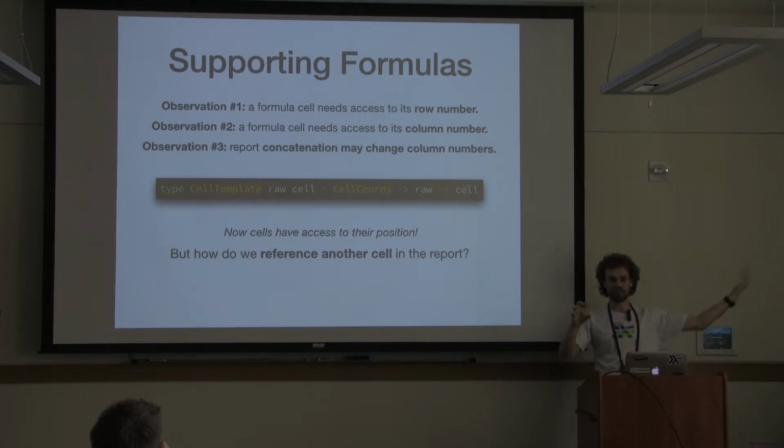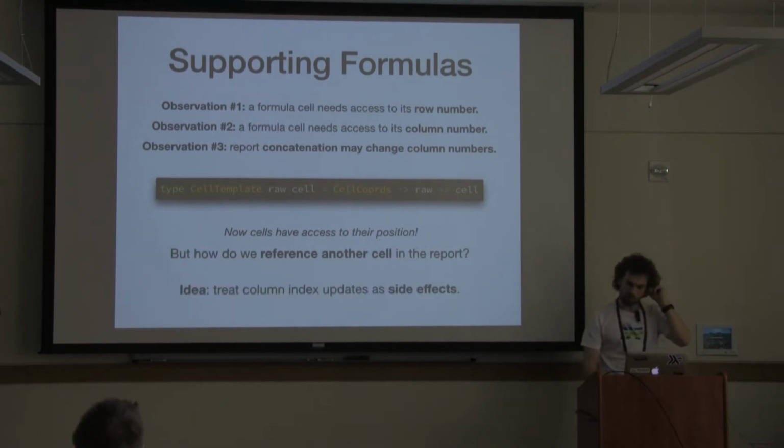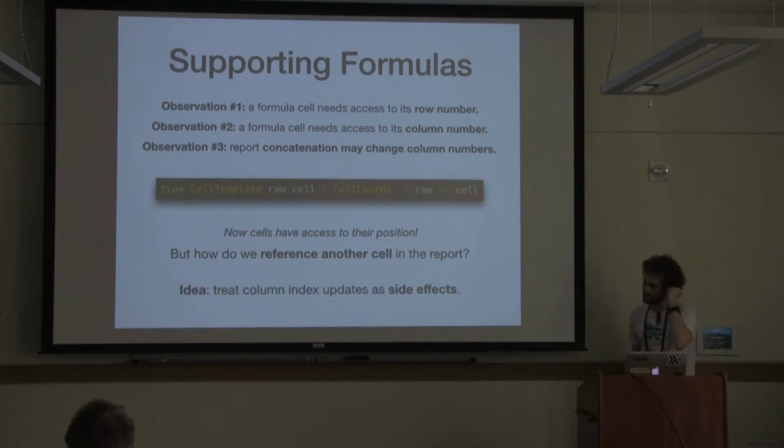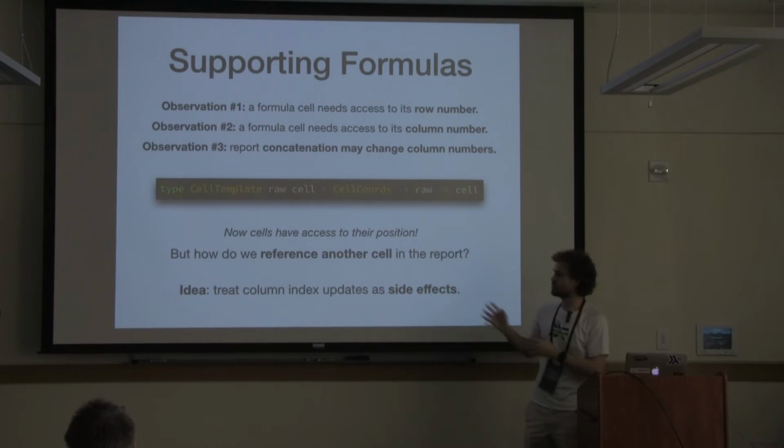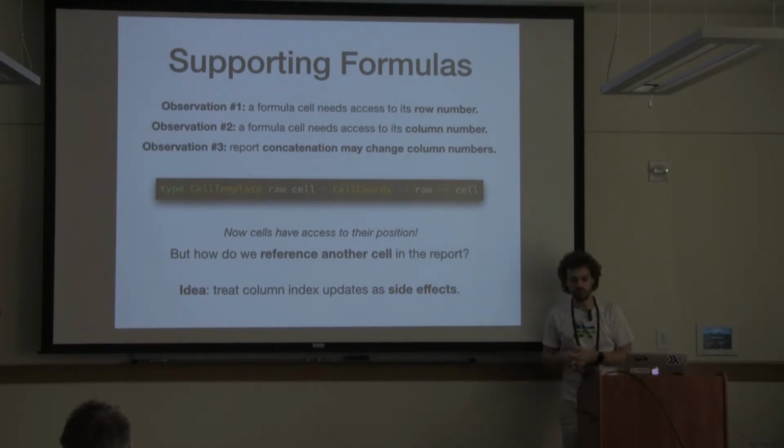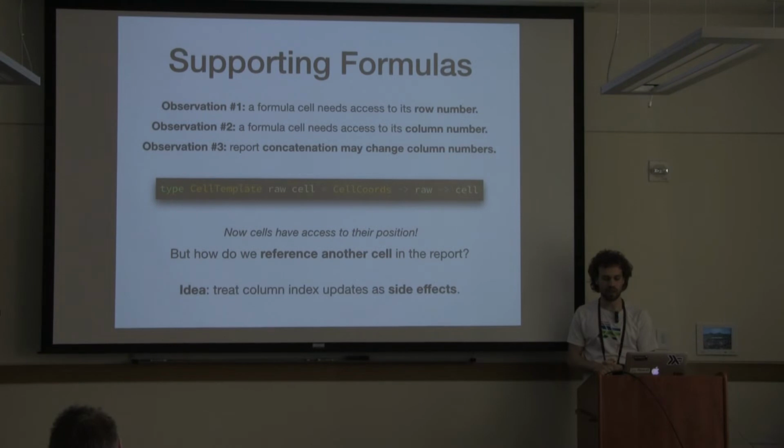I want to actually get the information when I build the template and use that, right? Does that make sense? Okay. So an idea here is basically to treat these column offsets or indexes as something that happens on the side to our declarative definition, and treat these indices of cells as side effects.